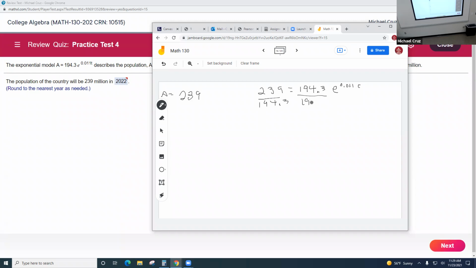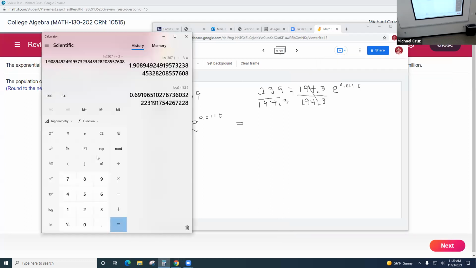Because the only way we can solve these exponentials is if we have just a plain exponential there. So that's going to be e to the 0.011 t. And what's that equal to? So 1.23.